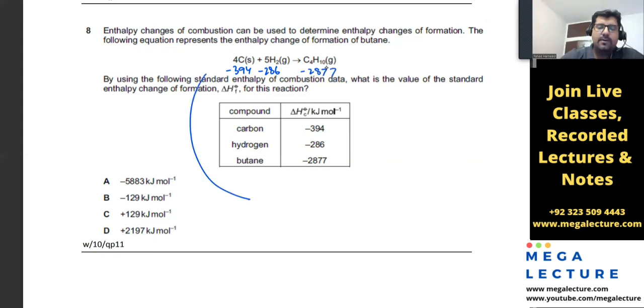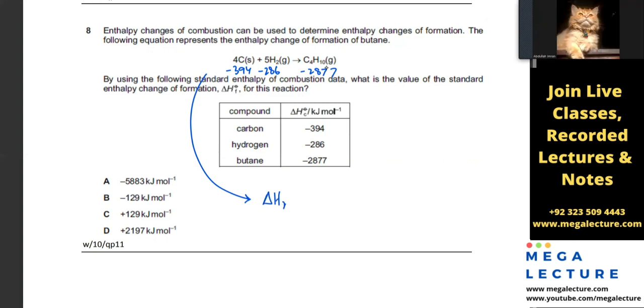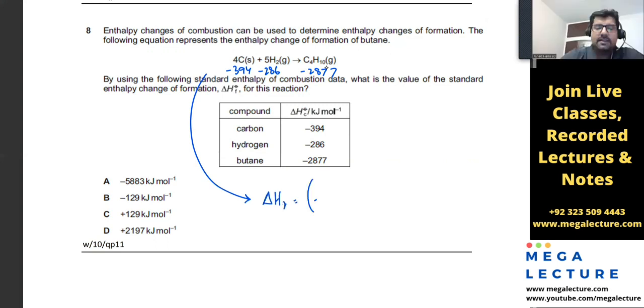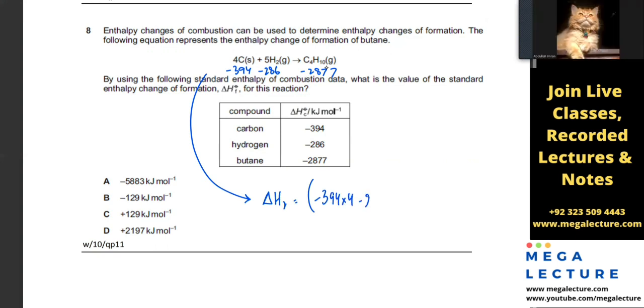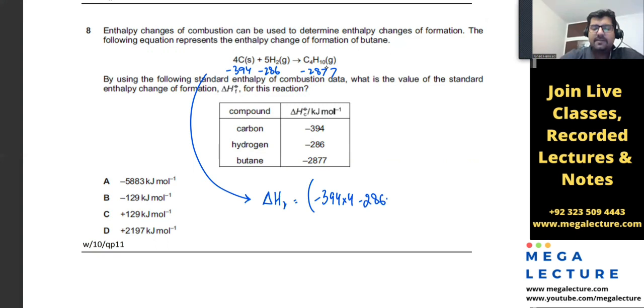So what was the formula for the enthalpy change if you're using combustion? That's reactants minus products. So the reactants are minus 394 times 4, minus 286 times 5.